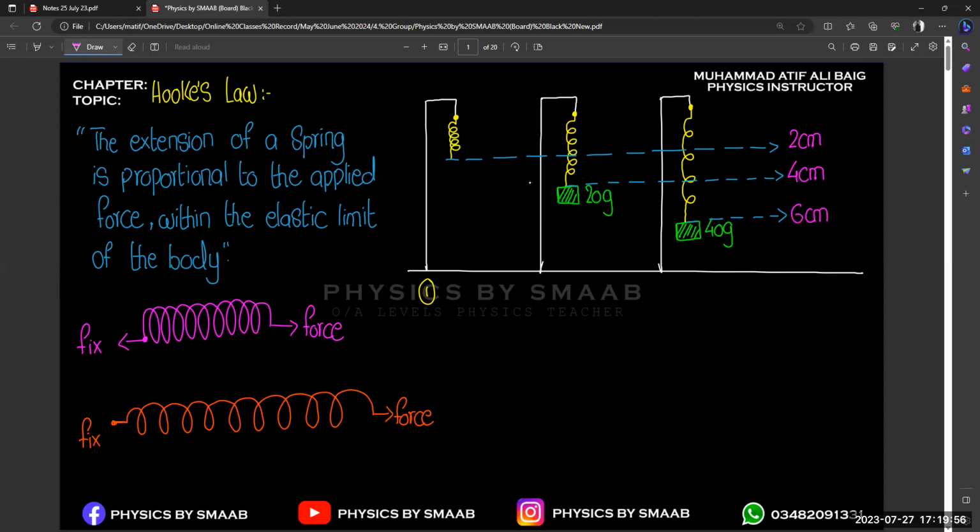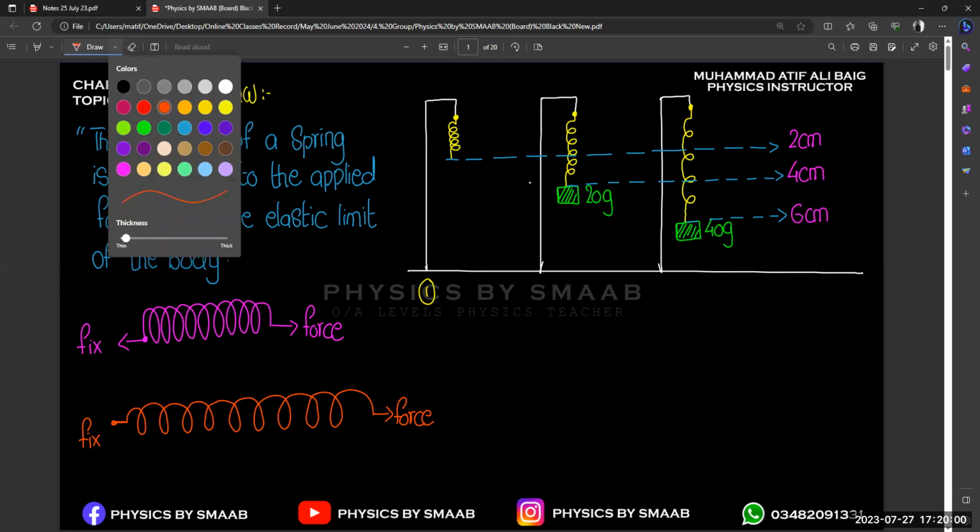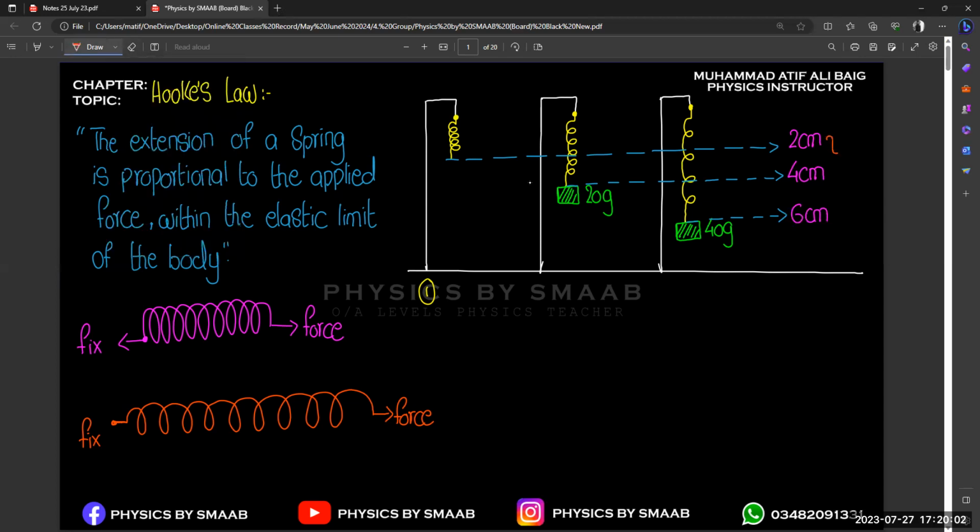So now if we need to find out the extension, what is the meaning of extension? Extension means you need to find out the difference. The difference between 4 and 2 is equal to 2 centimeters, right? This 4 centimeters shows you the actual length of the spring, right? You can also figure out from the diagram that in diagram number 2, the actual length of the spring is 4 centimeters.